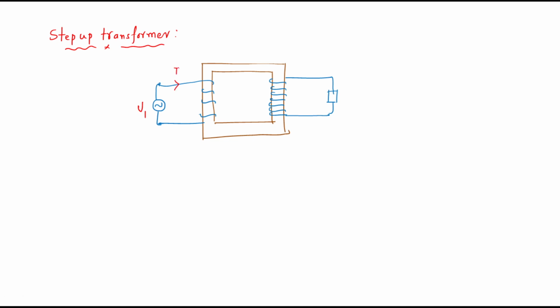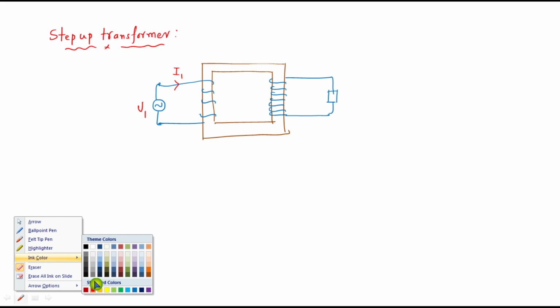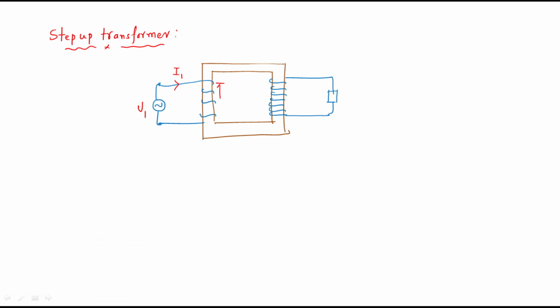Because of the supply we have current, therefore an EMF will be induced. This is E1 across primary. Like that, this is E2. Obviously we have a current because there is a load across secondary. This is what? V2. So this is supply voltage V1.